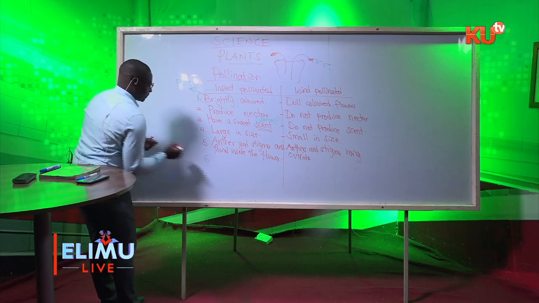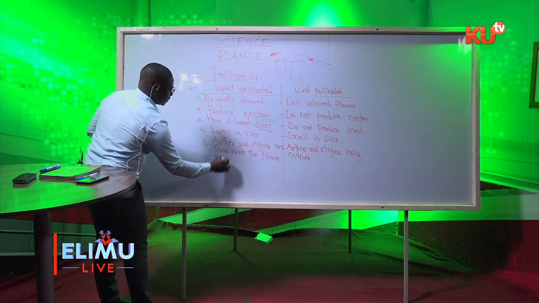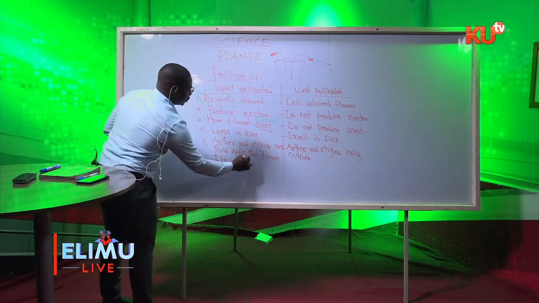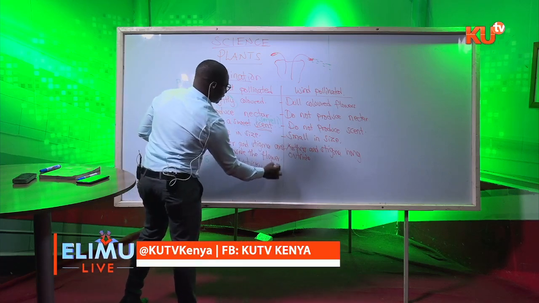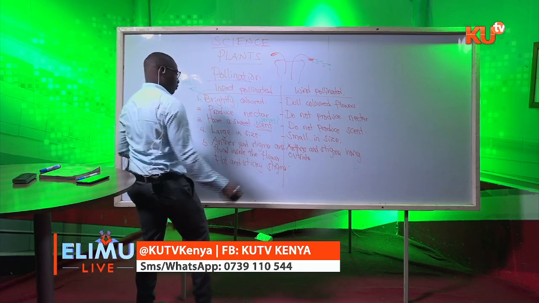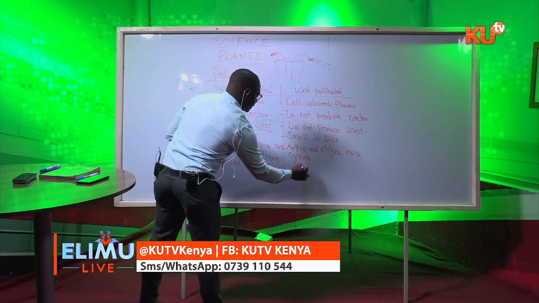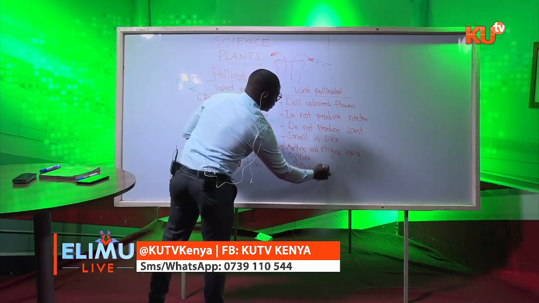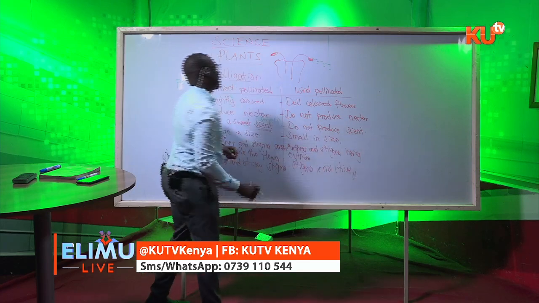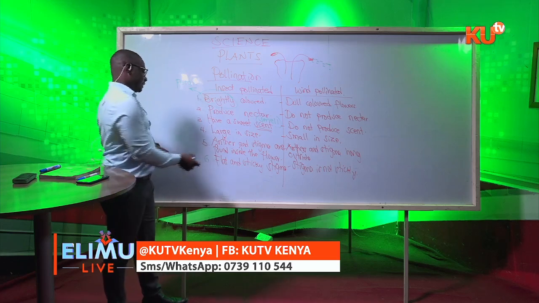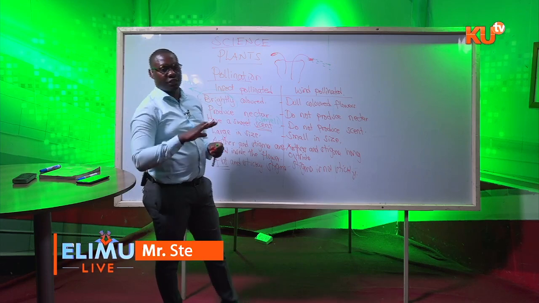Number six, they have a flat and sticky stigma. For wind-pollinated flowers, the stigma is not sticky. For insect-pollinated flowers, the stigma is flat to enable the insect to land.